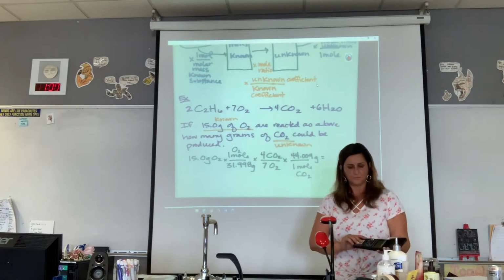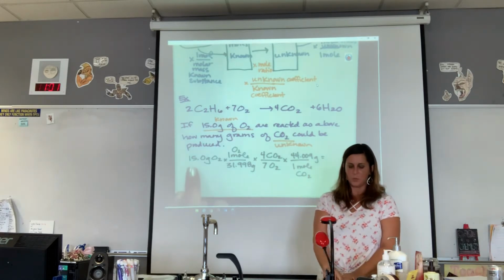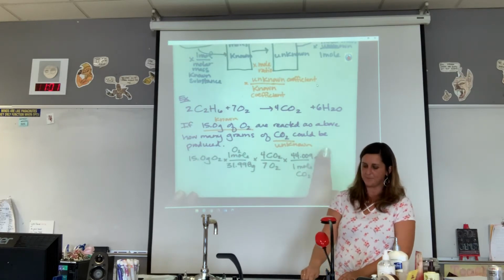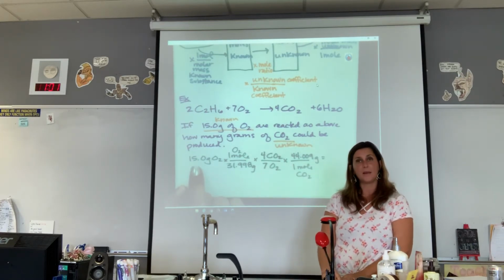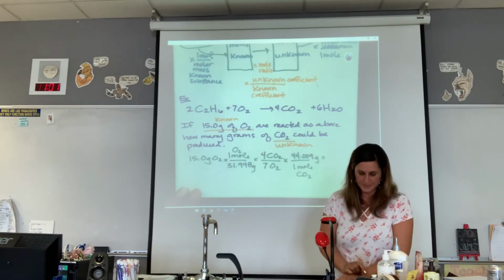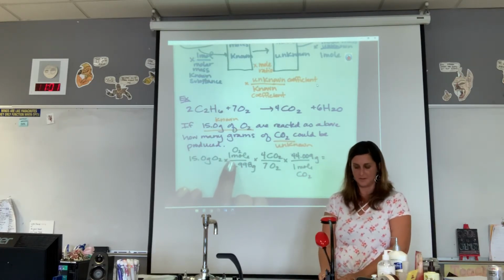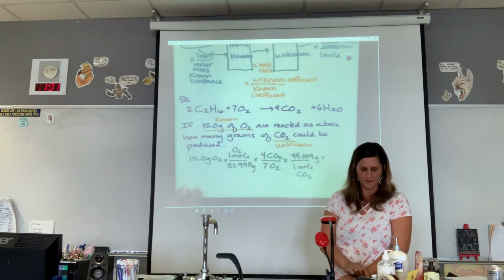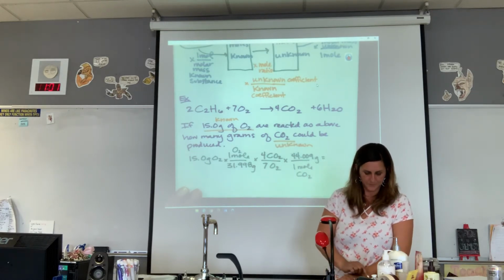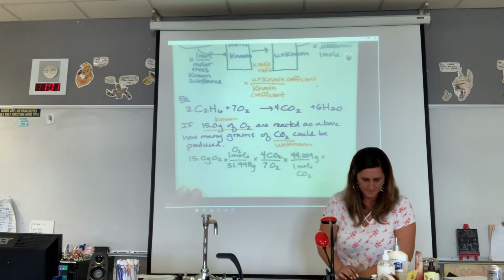Okay, so we break out our trusty calculator, and we multiply together everything that's on the top of these expressions, and the beginning number is considered a top number. So in our calculator, we would go 15.0 times 1, which obviously doesn't make a difference in the math, and then times 4, and then times the molar mass, 44.009.